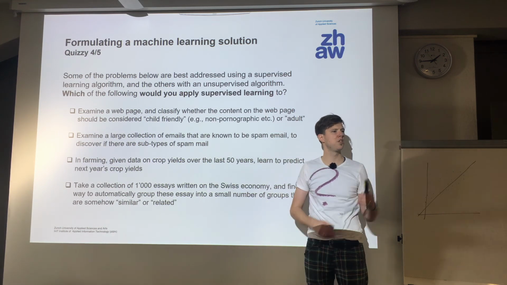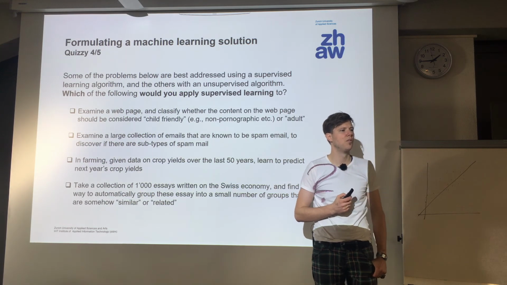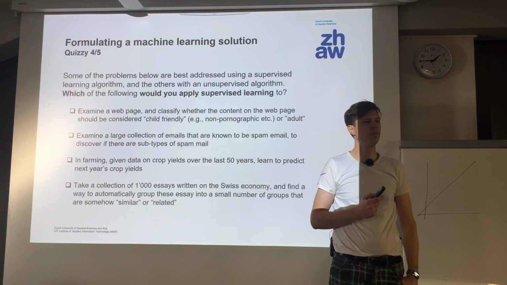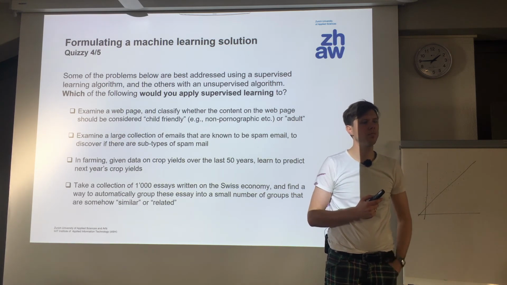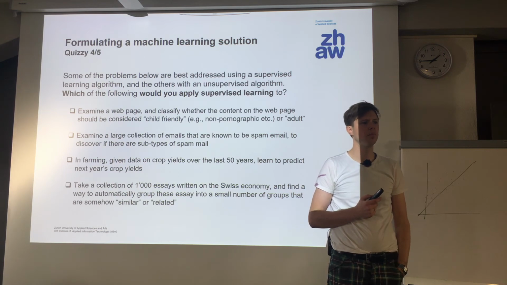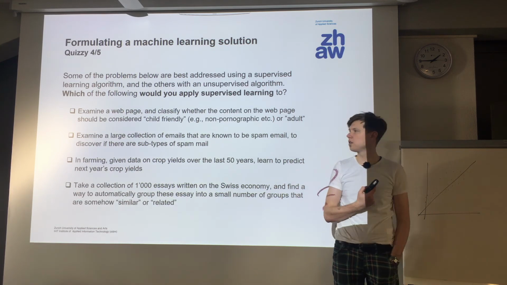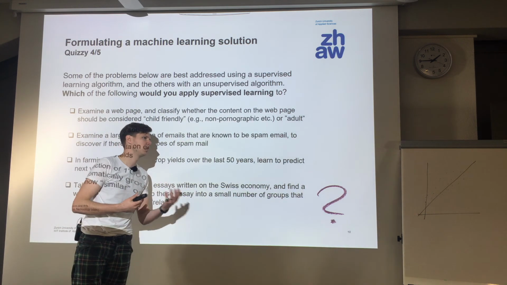Why would you say unsupervised? Because it's a clustering problem, you have to cluster which content would be child-friendly and which is not. Yeah. Okay, then you would use unsupervised learning. Of course, it somehow depends on your viewpoint.